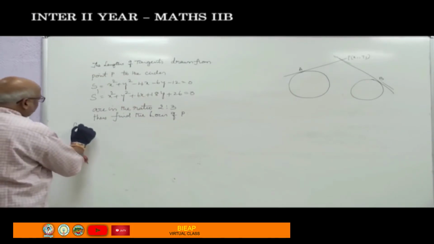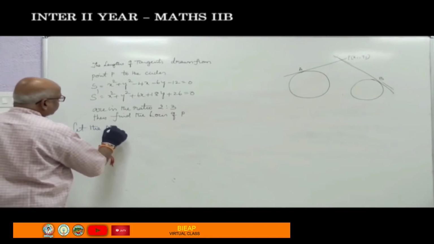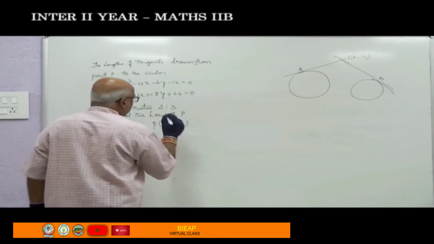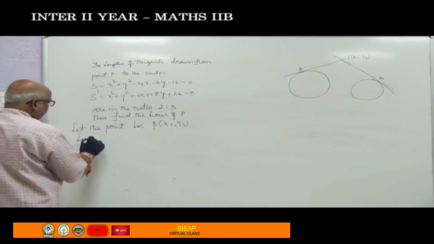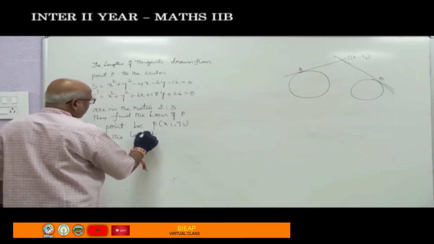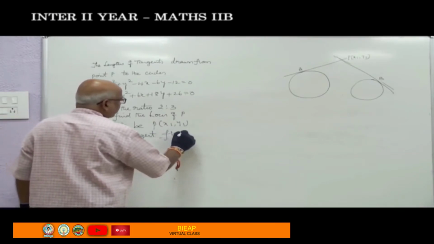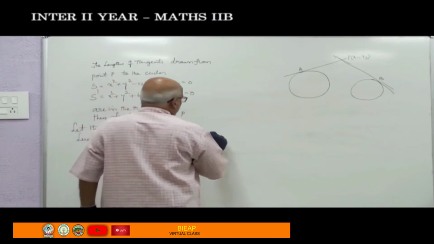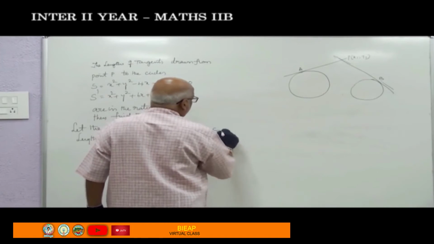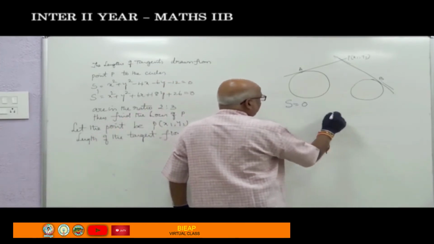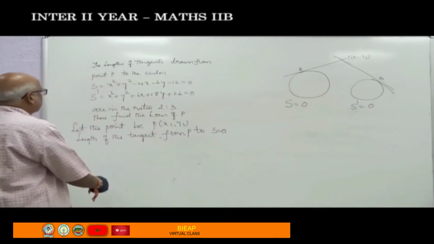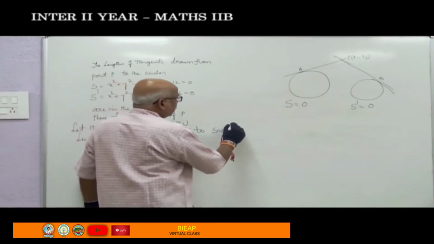To find out the locus, let the point be P x1 y1. Length of the tangent from P to A, that is from P to the circle S equal to 0. The first circle I will name as S equal to 0. The second one I will name as S dash equal to 0. So that is PA.